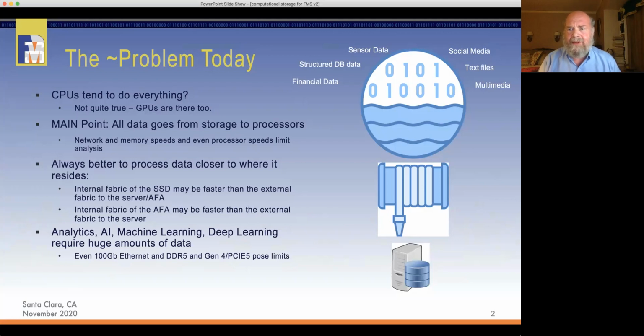An individual organization is likely to have data that comes from sensors, from cameras, which could be security cameras or cameras recording sessions like this one. Of course, social media makes up so much of the data for many organizations. There are text files, multimedia, structured database data, financial data, maps, employee records, just all kinds of data.